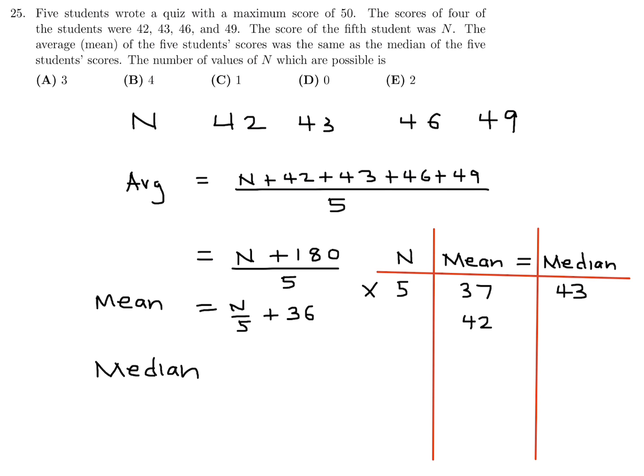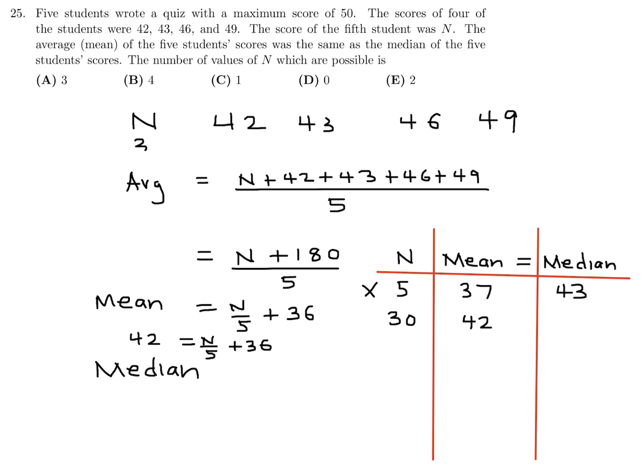If you do that, you'll be able to figure out n pretty quickly. If the mean is 42, and that is equal to n over 5 plus 36, you just do 42 minus 36, which is 6, and then times 5 is n. And that would mean n is 30.